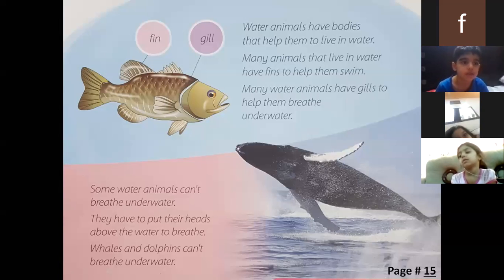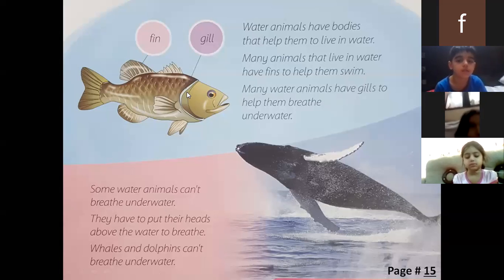We have lungs that help us breathe air, okay? So in many water animals, there are gills that help them breathe underwater. Can you see? Gills are present over here. So fins help them swim and gills help them breathe.